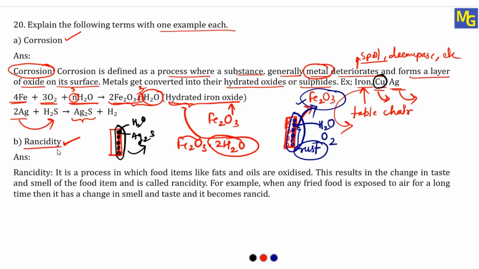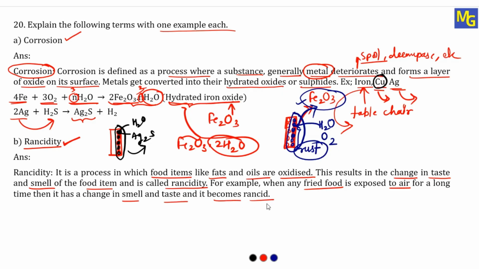So let me explain. Rancidity is a process in which food items like fats and oils are oxidized. Oxidized means getting spoiled. This results in a change in taste and smell of the food items and is called rancidity. So whenever food items are getting spoiled due to the reaction with oxygen, it is called rancidity. For example, when any fried food is exposed to air for a long time, there is a change in smell and taste; it becomes rancid.